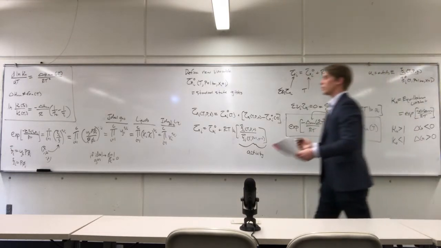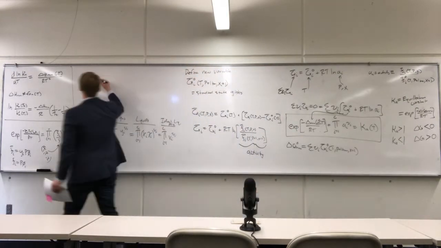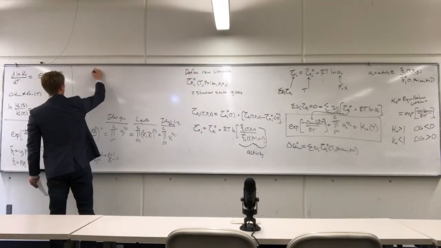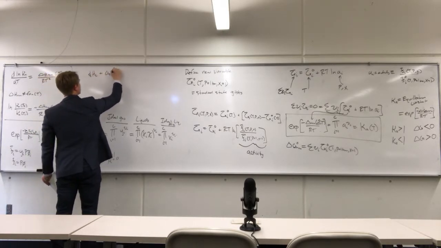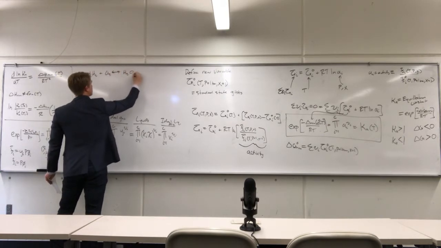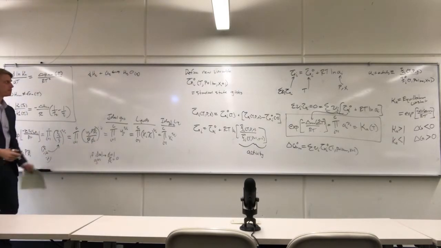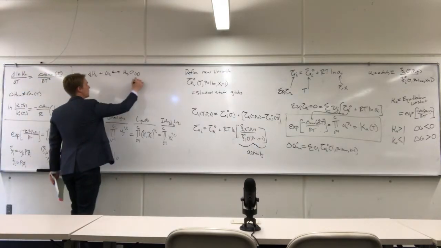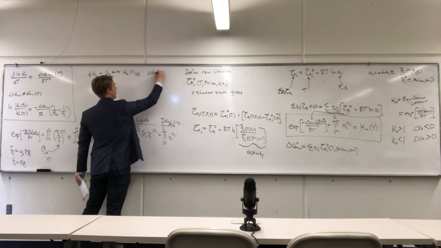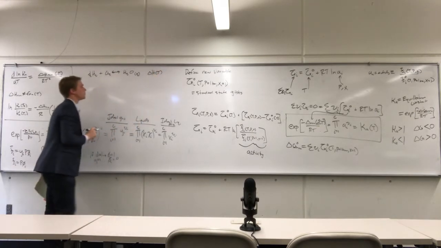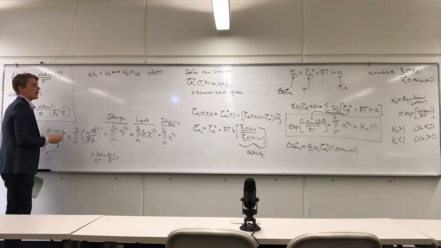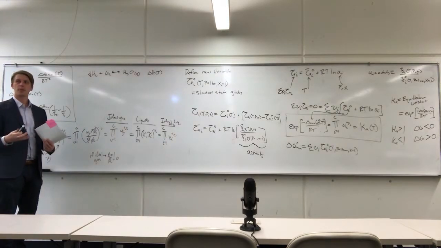So if we take an arbitrary chemical reaction, I want to know what's my heat of reaction as a function of temperature. As I heat up this system, thermodynamics is path independent.